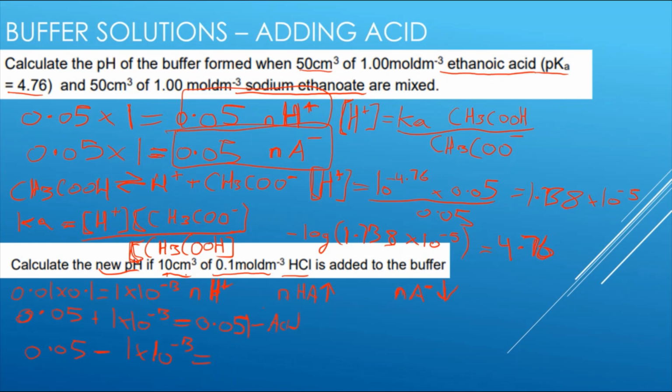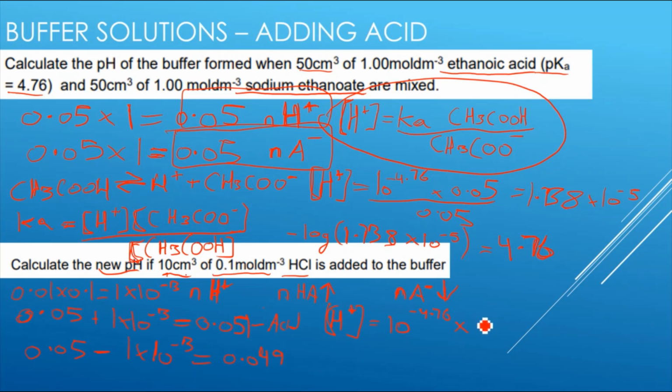So this would just be 0.049. And now it's going to be the same over again. I can use that same equation again. I don't need to write everything down again. So the new concentration of H+ would be 10 to the power of minus 4.76. Nothing's going to happen to the Ka value.